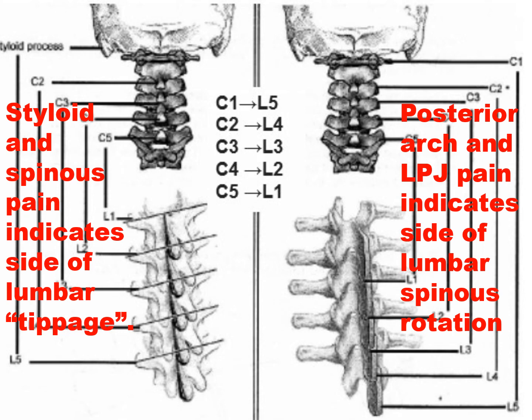And you're not going to normalize disc function without adjusting the segment above it, and you won't be able to adjust the segment above it very easily unless you've already dealt with the disc dysfunction, which we did previously with our traction procedures.